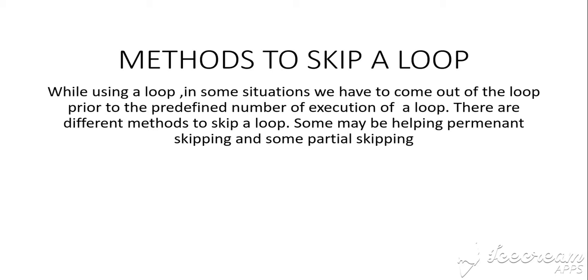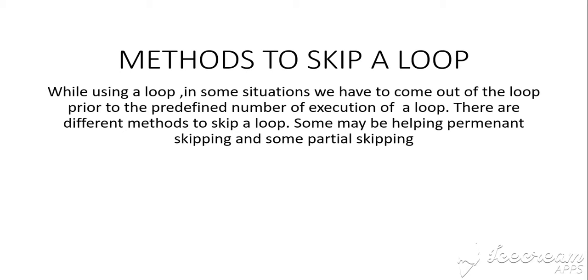Suppose we have given a for loop to execute 10 times and the program is to find the sum of 10 different positive numbers. But in the question, there is a condition that whenever the user enters a negative number, the process should not continue.